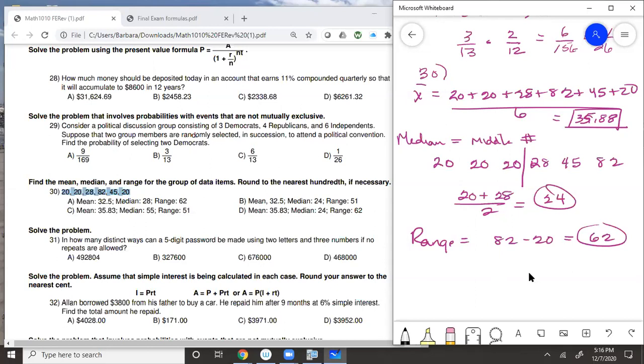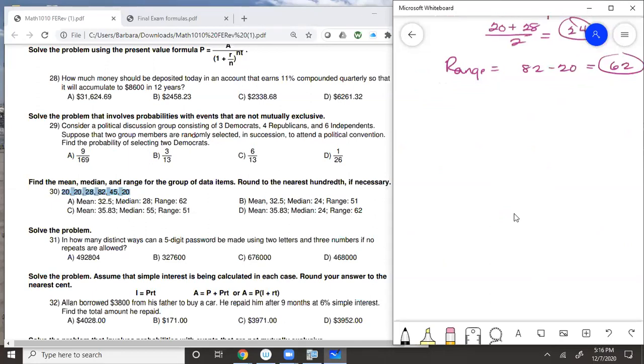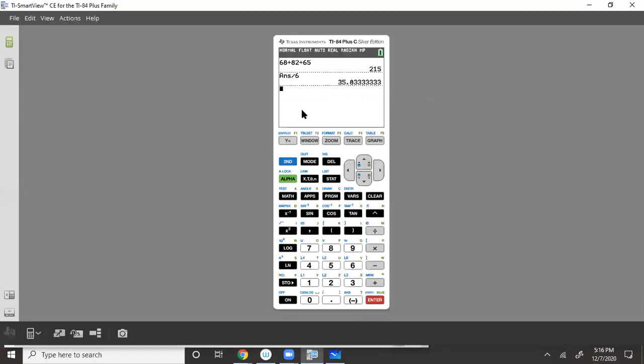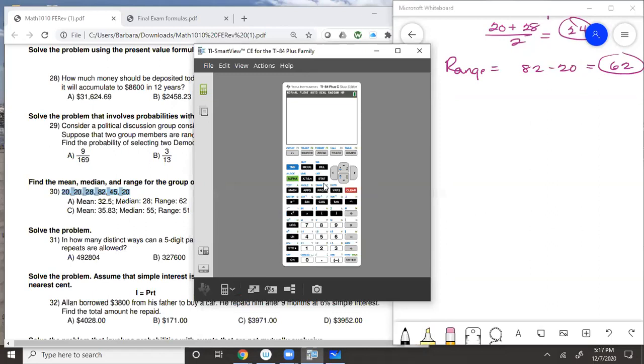Okay. So the program is really quite nice. What we could do is put all of the data in my calculator. I'm going to quit my screen first. So the first thing we do is press stat.